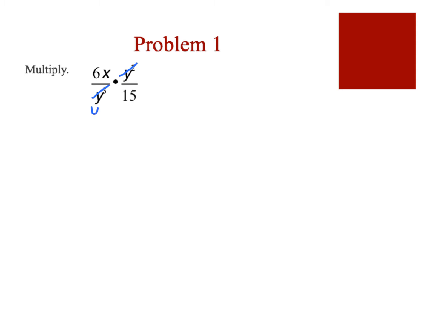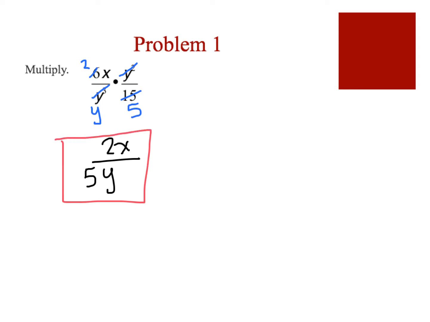I'm left with y. And here I can take out a 3, so I'm left with 5, and here I'm left with 2. So I'm left with my final answer, 2x divided by 5y. It can't be simplified anymore.